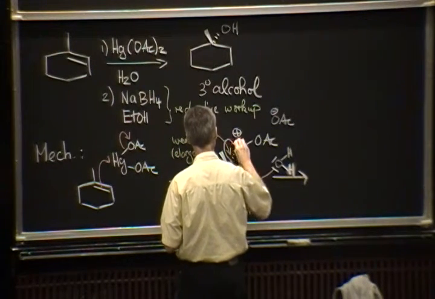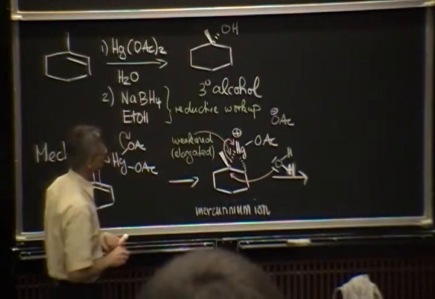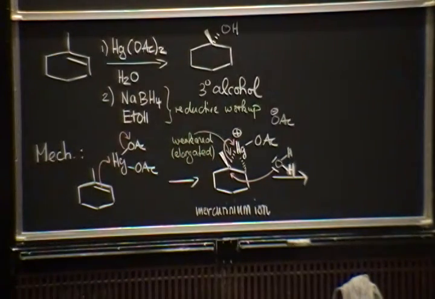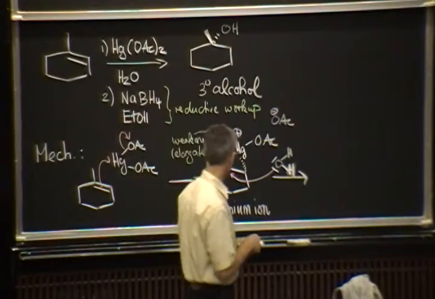And then of course the electrons flow onto the mercury. And they compensate for the positive charge there.